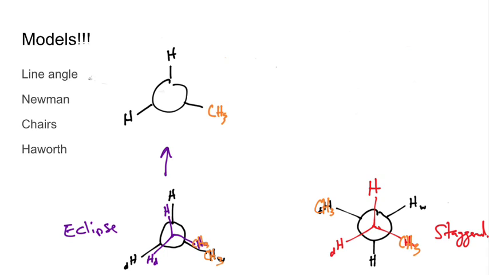I'm going to rotate, grabbing that CH3, and I'm going to rotate it clockwise. As I rotate it down, what happens to the energy? It goes down. I'm going to keep rotating, keep rotating. What happens to the energy? Up again. Comes back up. That's where I want it. I want that CH3 overlapping my black H. That's what I want to draw.